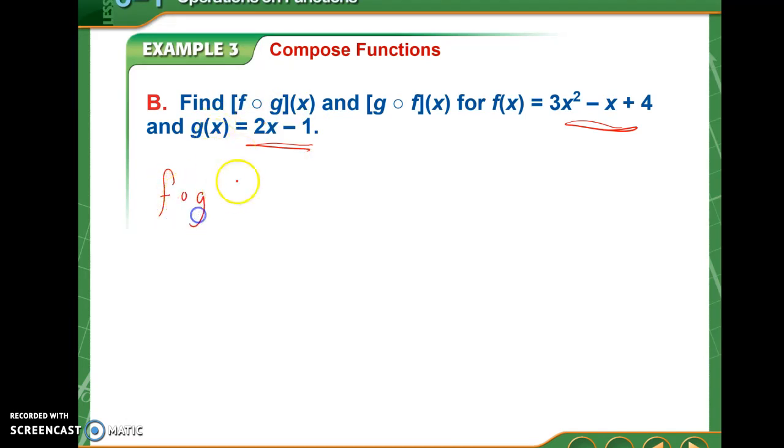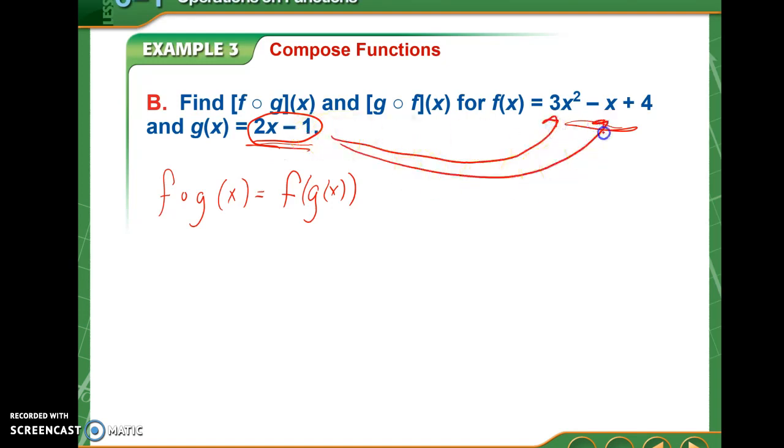So f composed of g of x is putting g into the f equation. So I'm putting the g function in for the f function. So I'm putting this function into the x's of the f function. So 3 times (2x minus 1) squared minus (2x minus 1) plus 4.